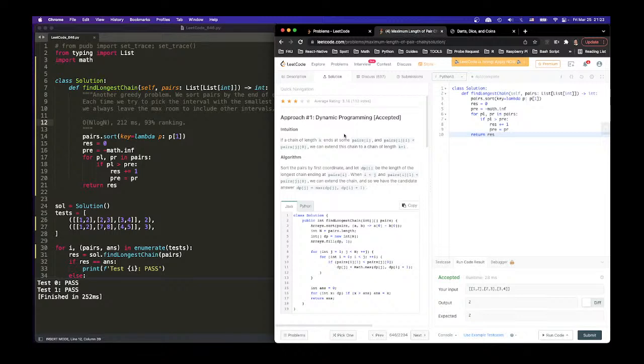So we sort by the first one. Okay, we sort by the first one, and then we say dp[i] is the longest ending at this one. So what we want to see is dp of the last one, the longest ending at any of these, right?